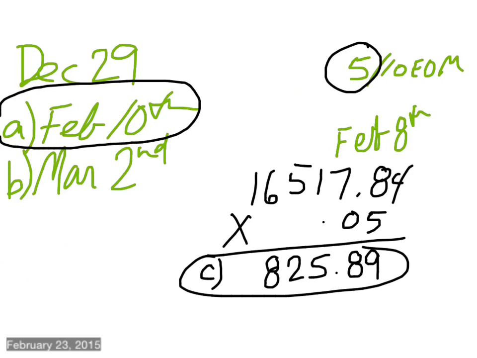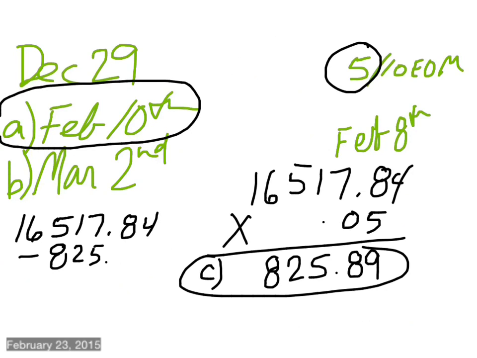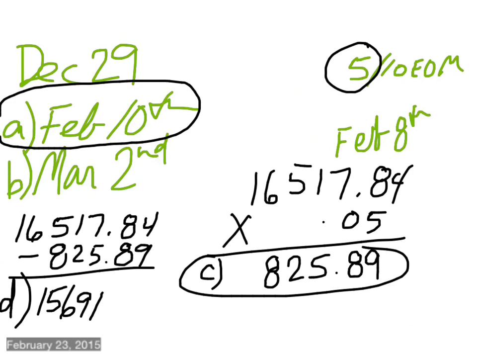Then part D says, what's the cash price? So now you need to take the $16,517.84 and subtract out the $825.89. And that will be your final answer, part D. We've got to finish 8 first. 15,691.95. Yep.